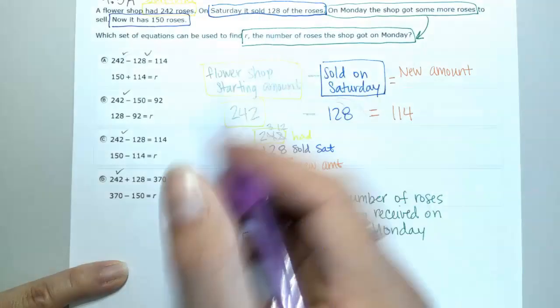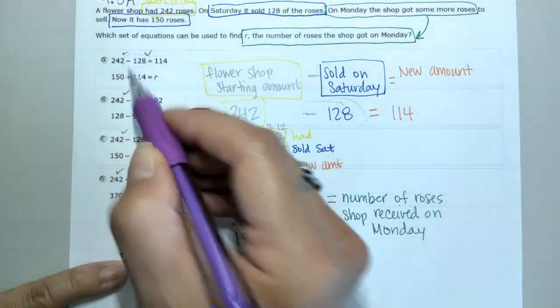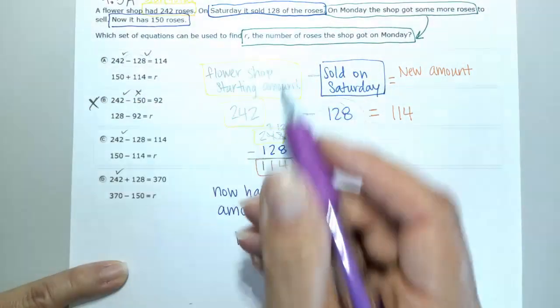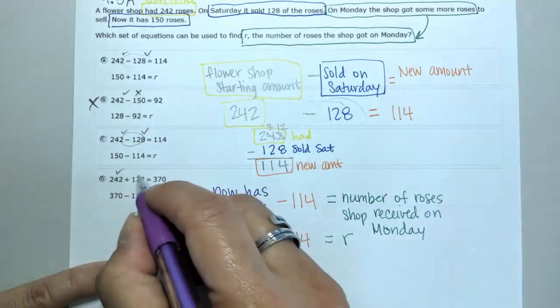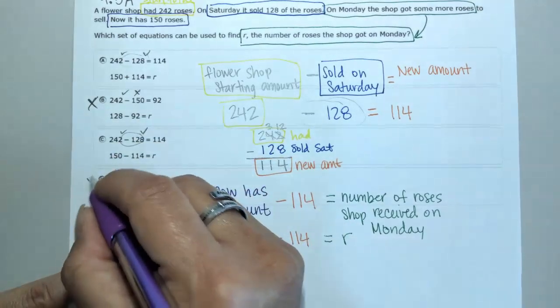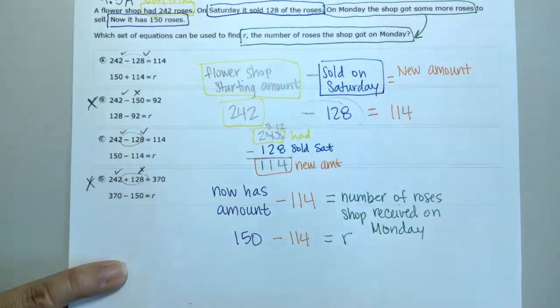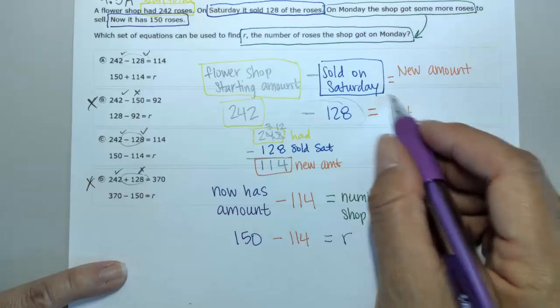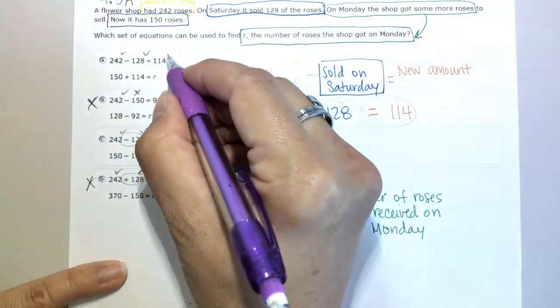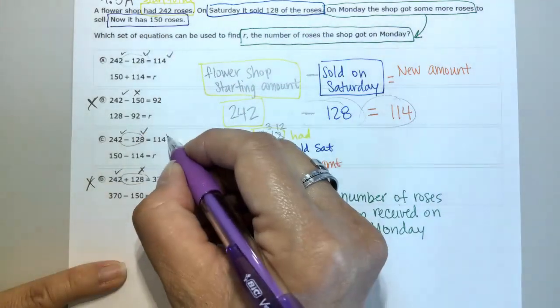This is taking away 128. This is not. So we'll go ahead and eliminate B. This is taking away 128. This is not. This is adding 128, so that is not correct. So now I've eliminated 2 of my answer options. So that new amount that we're going to have is going to be 114. A and C both use that.